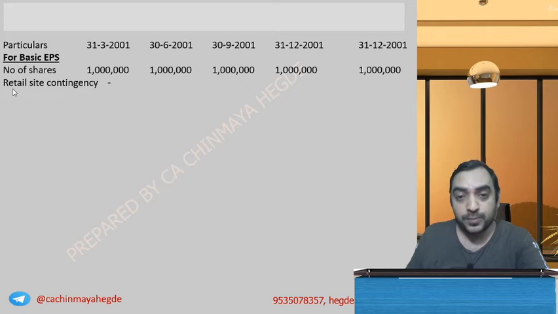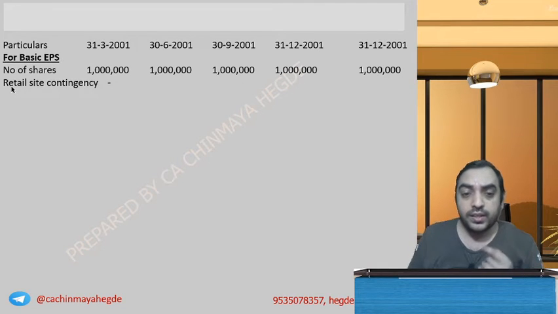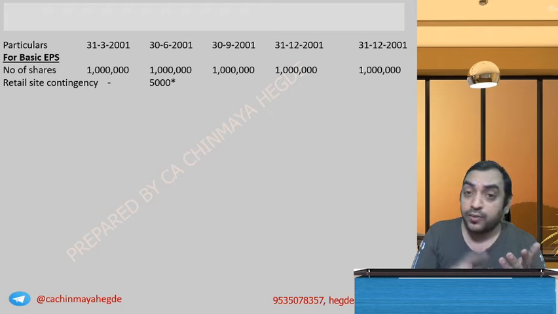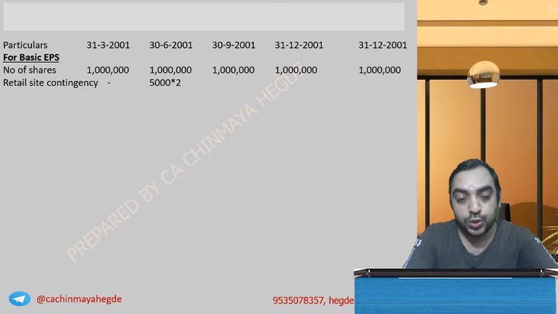And when is it issued? It is issued on 1st of May. So 5,000 shares multiplied by how many months? May 1st it is issued or issuable, so May and June, 2 months, 2 by 3.